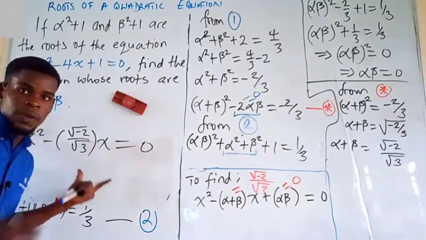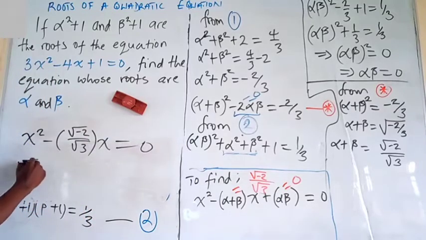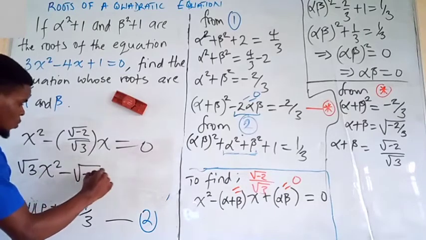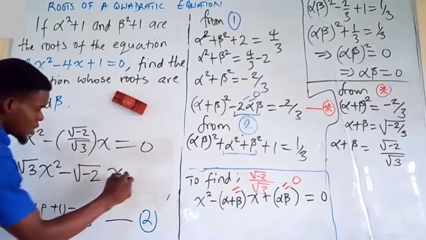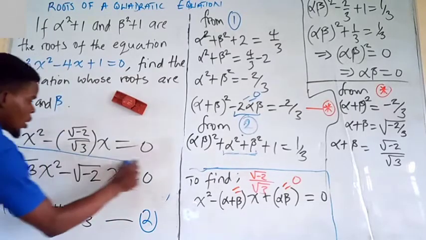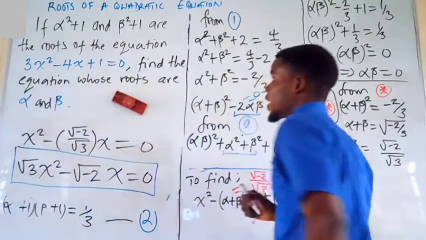Since this is a fraction, I would like to multiply by square root of 3 throughout the equation. We're going to have square root of 3 x squared minus square root of negative 2 x, the x is not under the square root sign, equal to 0. And this right here is the required equation. And that makes a lot of sense.